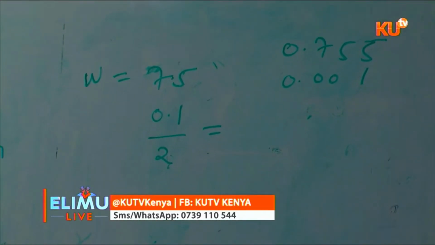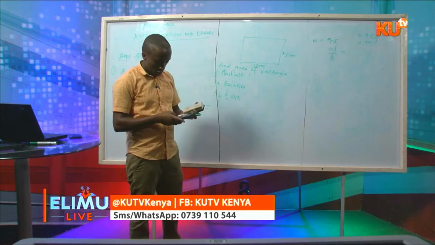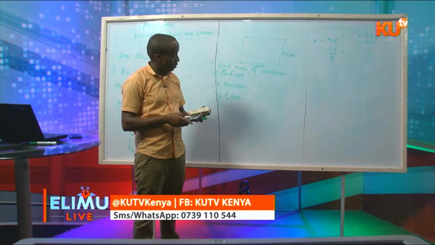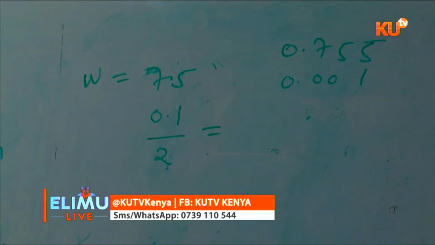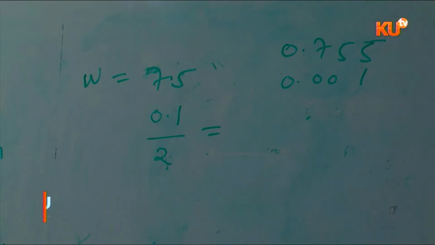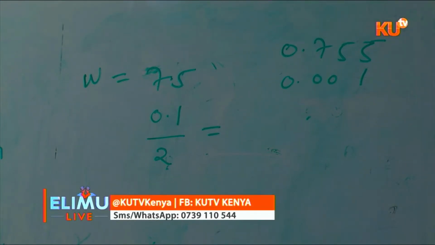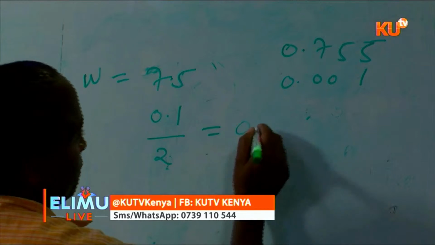Take your calculator: 0.1 divided by 2 is automatically 0.05.